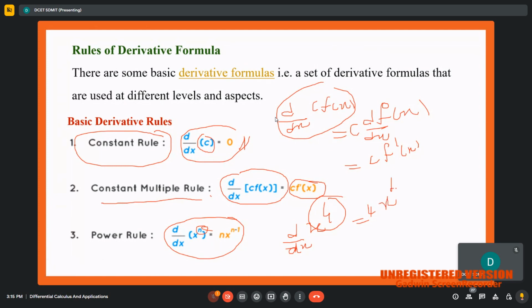With n equal to 4, it is 4 minus 1. This is nothing but 4 into x to the power of 4 minus 1, which is 3. This is the power rule. By applying the power rule, we have found the differentiation of x to the power of 4. Like that, we have to apply the power rule. Okay, clear? All of you clear about this slide?